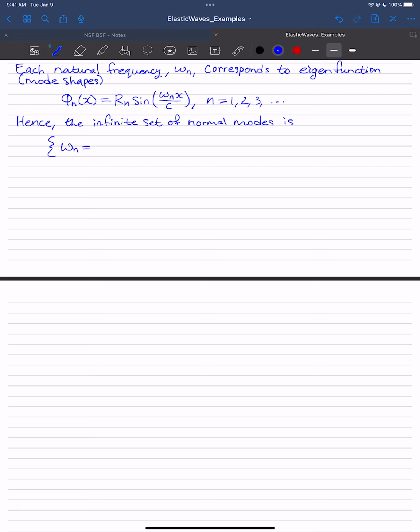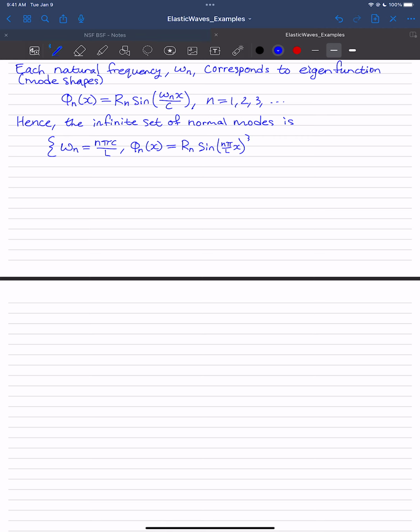so again, a normal mode has two things. First, the natural frequencies, and in this case that is n pi c over L, and the eigenfunctions or mode shapes phi n of x is then equal to, we'll leave it just as R n, times the sine of, we'll plug in omega, and then we'll eliminate the c, so we'll get n pi over L times x.